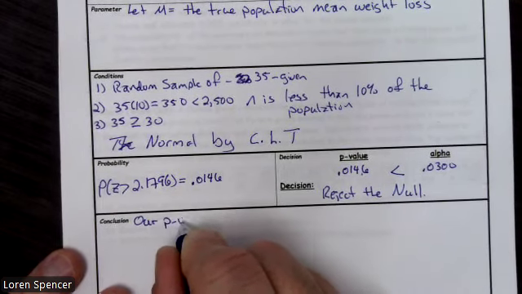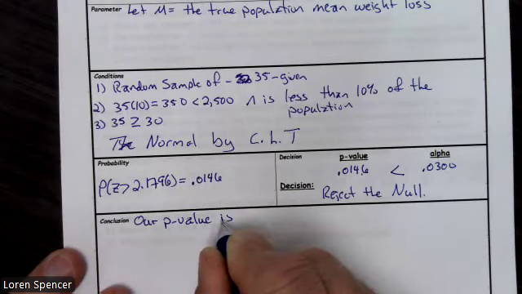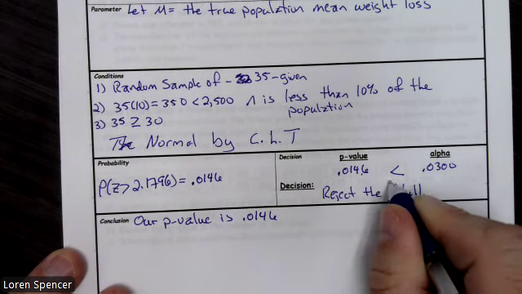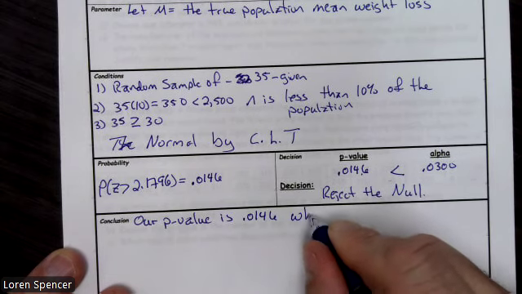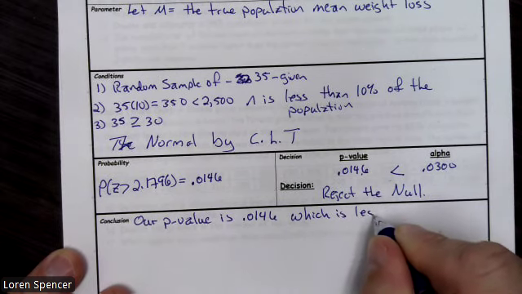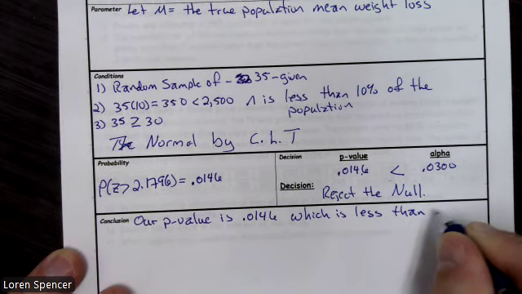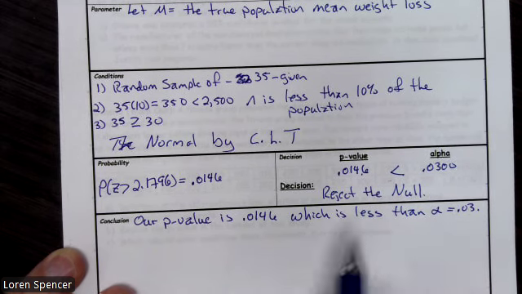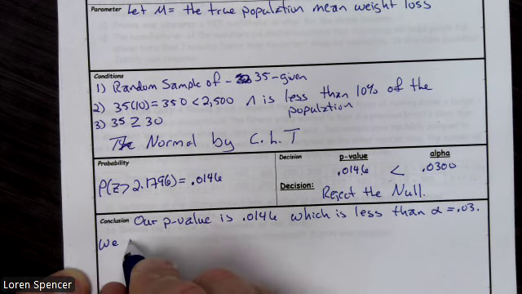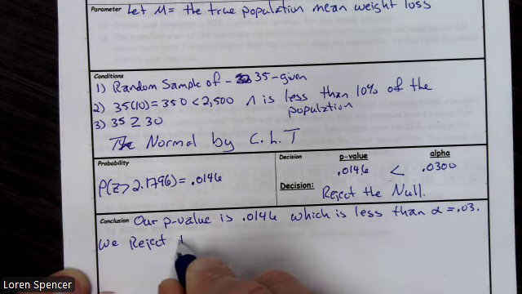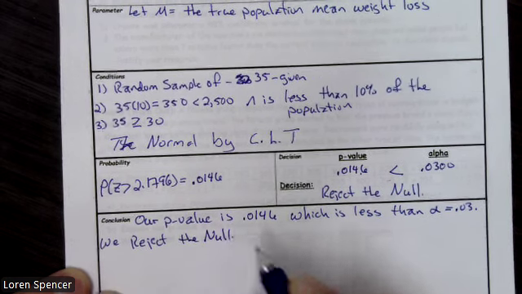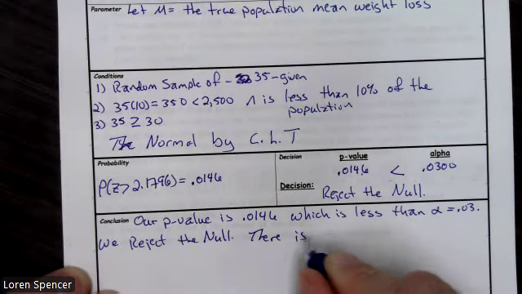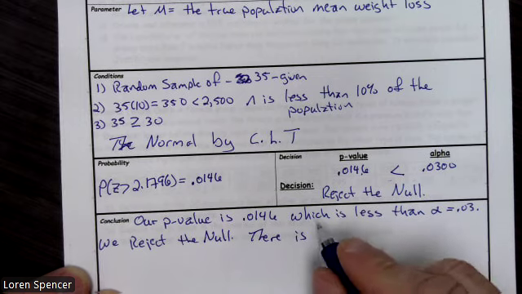All right? So our conclusion, our p-value is, what was it? 0.0146. How do we state this? Which is less than alpha equal to 0.03. What was our decision? We reject the null. All right. And then we get to say there is sufficient. You might want to use the word enough.